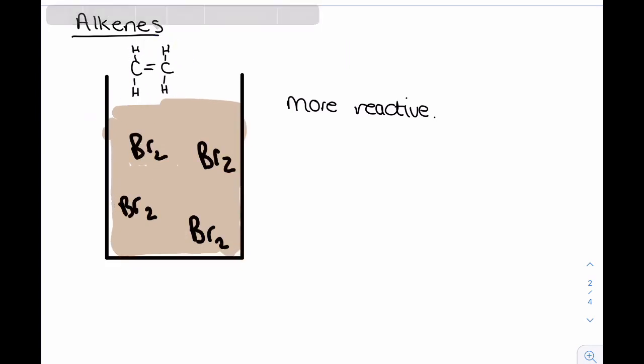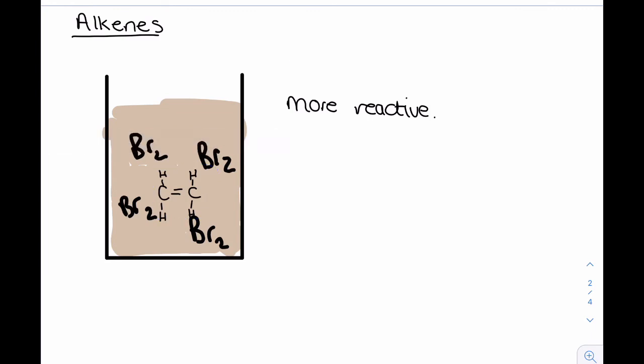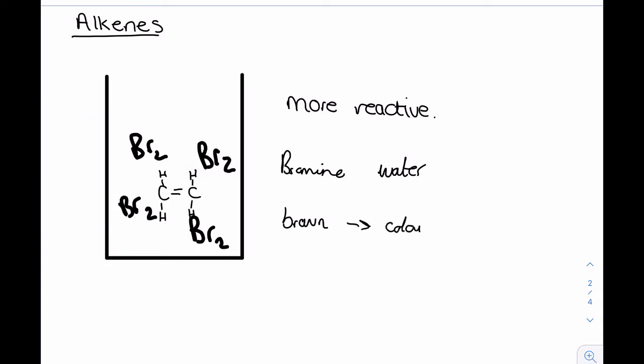So if I was to pick it up and move it and place it in there, so that would be a liquid, pour the liquid into your bromine water, what would happen to the bromine water is it would go colourless. So bromine water goes from brown to colourless, and that's a really important thing. And it only works with alkenes.